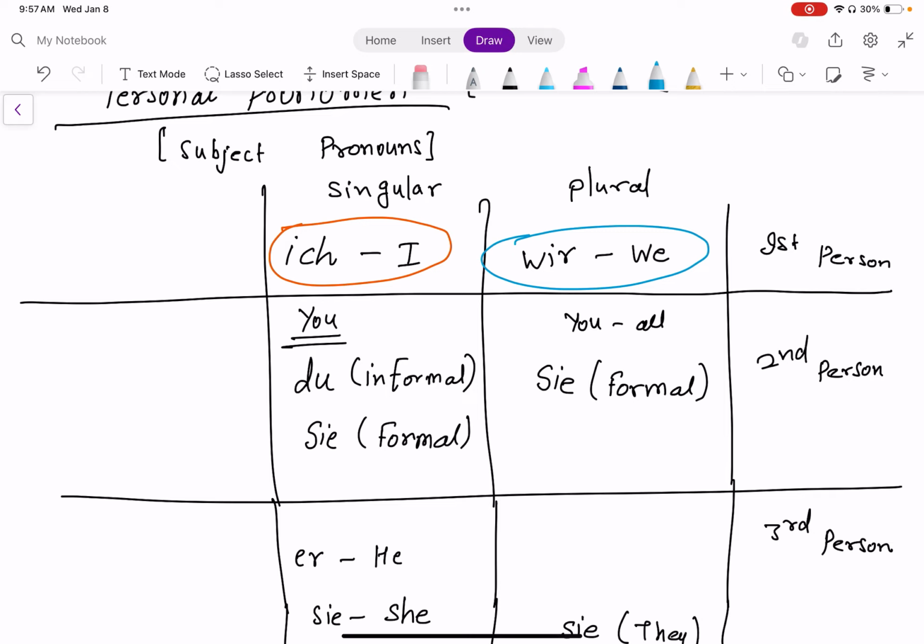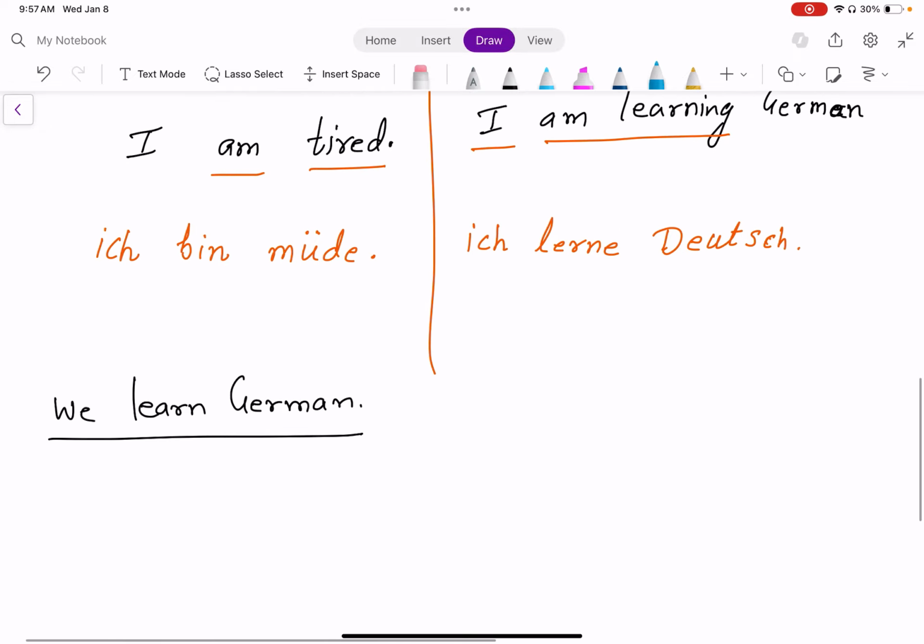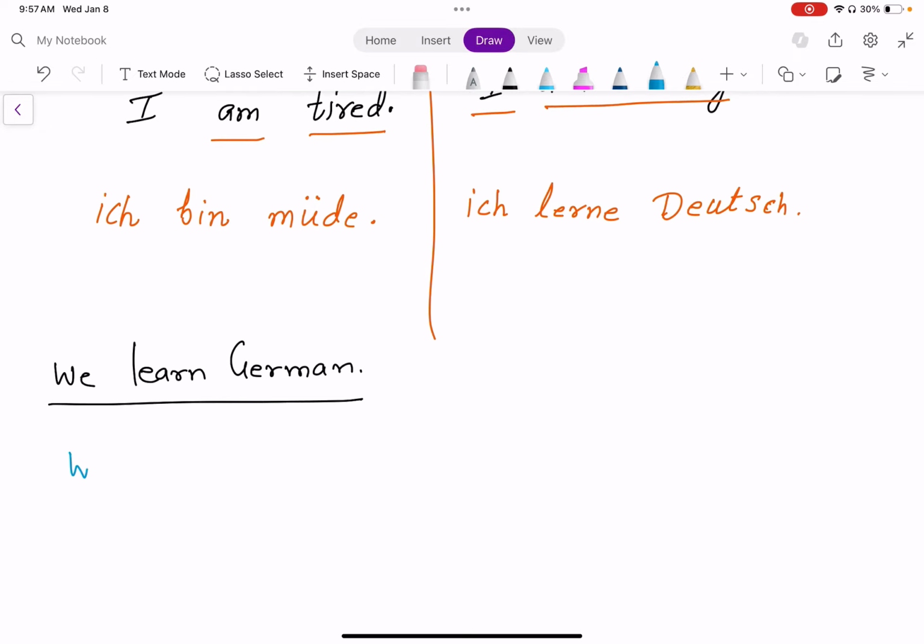So we are going to write it like this: Wir lernen Deutsch. Wir lernen Deutsch.